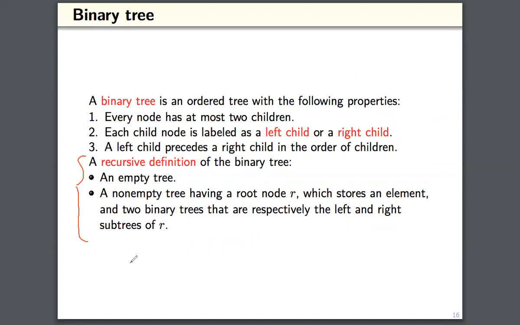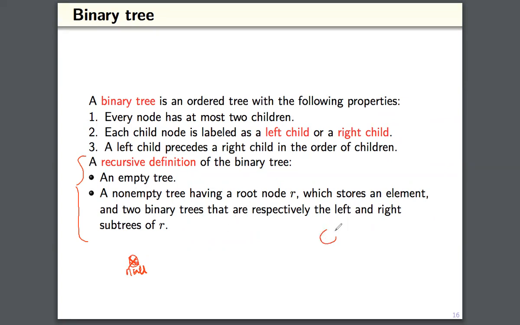An empty tree is a binary tree. Okay, this is an empty tree, say null node, right? There is no node. Empty tree, no nodes. You can call this a special node, which is null node. You don't consider this as a node. So that is a binary tree, right?